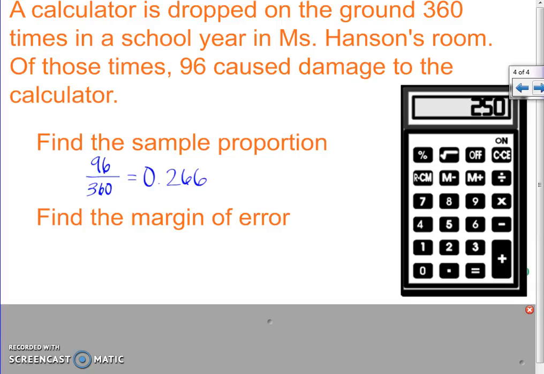Okay, how would we find the margin of error? What was our formula for doing that? 1 over square root of n, and what was n? Our sample size, which was 360. Okay, so someone tell me what this is.